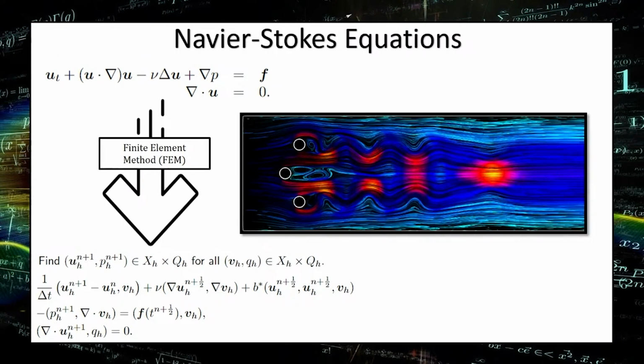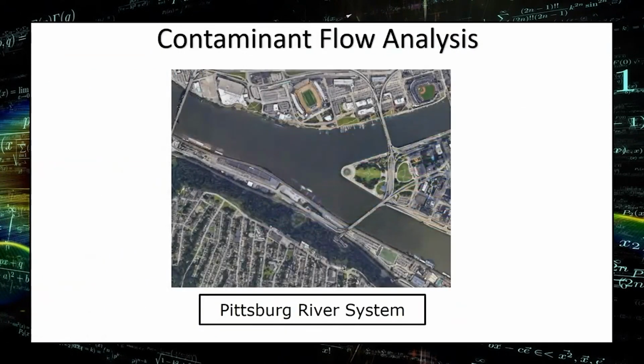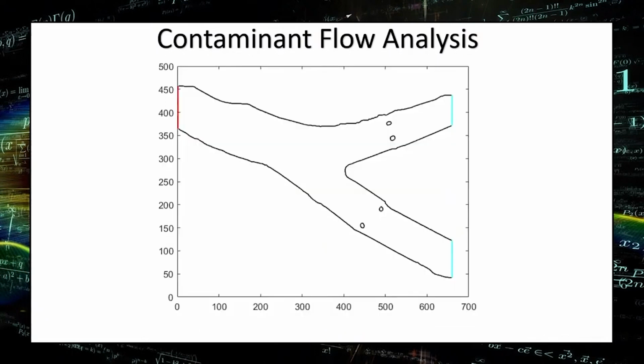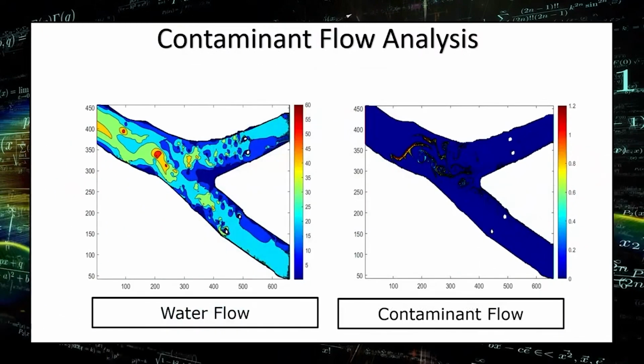All right, and now that you've seen this, let's take it into the real world, okay? And so here I have the Pittsburgh River system. Actually, at the top, you'll see the Steelers Stadium, okay? But let's imagine there was a spill of some kind, okay? And so I would take this sky image of the river system, simplify it a little, and then I would run my program, my code, to get these 2 answers, all right?